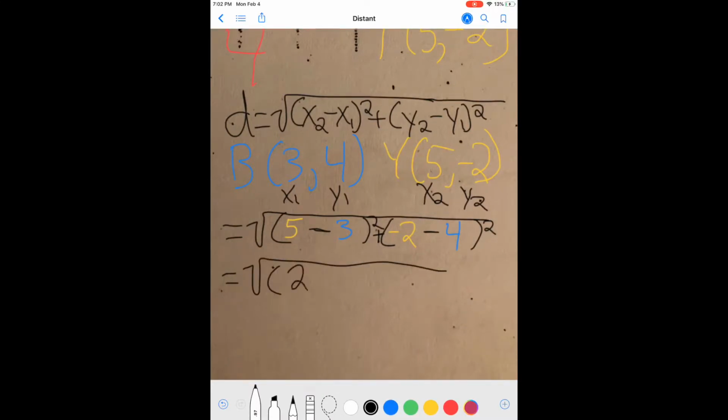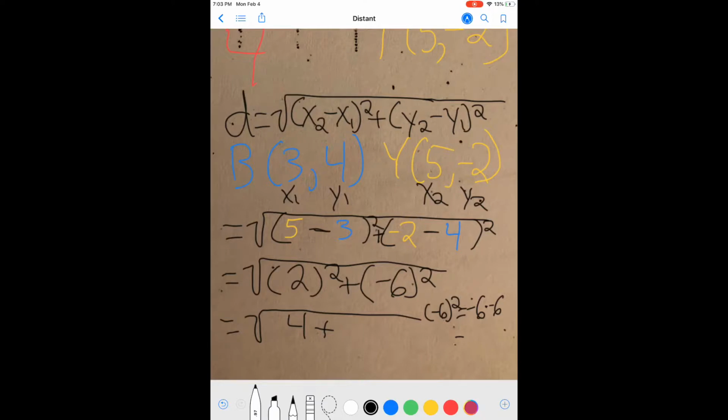So 5 minus 3 is 2 squared, plus -2 minus 4 is -6 squared, equals 2 squared is always 4. -6 squared, I didn't do it earlier, but if you need me to do it, this is telling me -6 times -6.